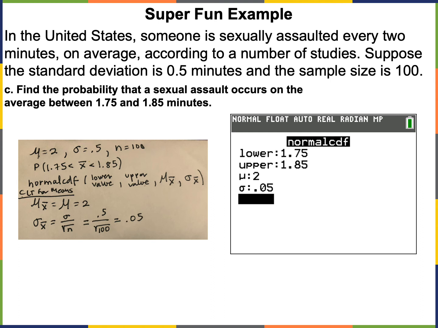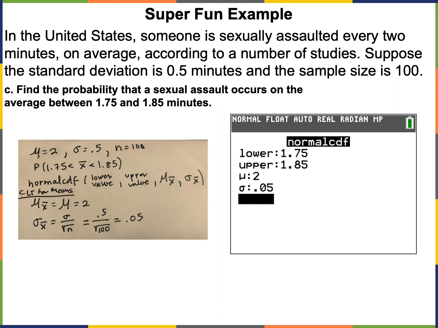So then we found Q1, Q2, and Q3 for this last example. For part C, it says, find the probability that an assault occurs on the average, so sample mean, between 1.75 and 1.85 minutes. The original mean is 2, standard deviation is 0.5, n is 100, so we're going to use CLT for means, where the mean of the sampling distribution is 2, same as the original, and the standard deviation for the sample means is the original standard deviation divided by square root of the sample size, so that's 0.05 again.